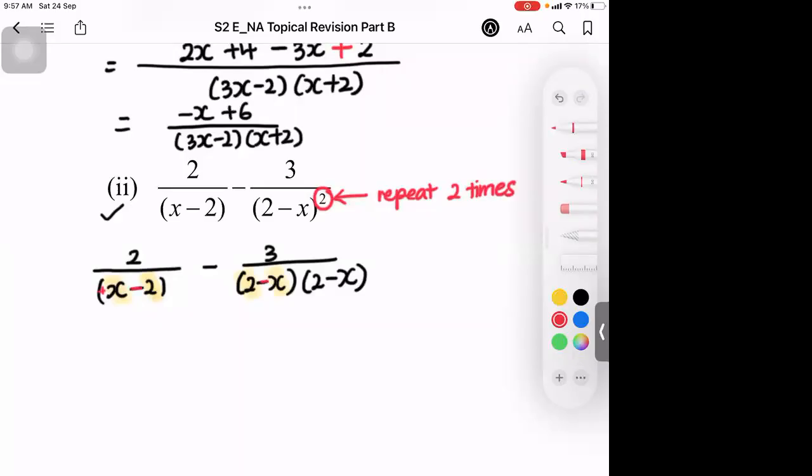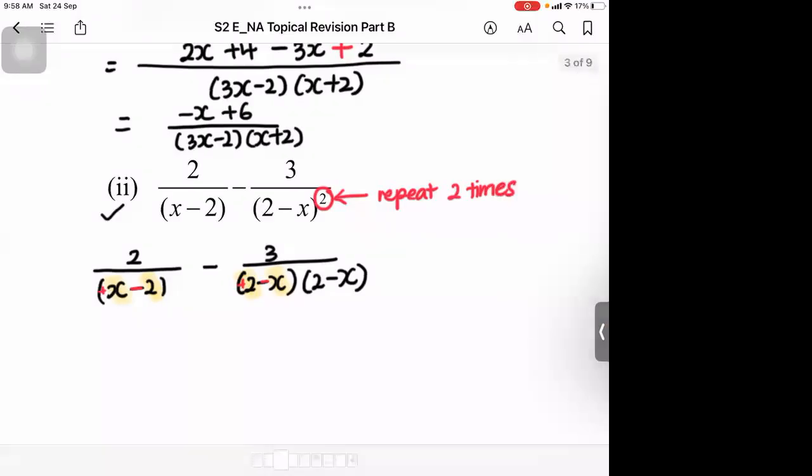The 2 here is negative, this one is positive. Question, how can I swap the sign? How can I change sign?